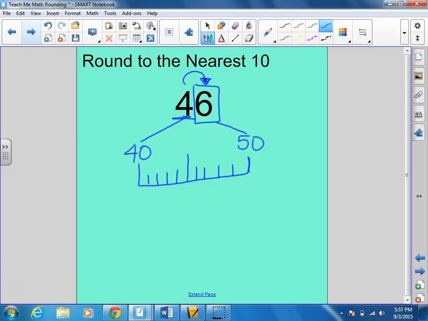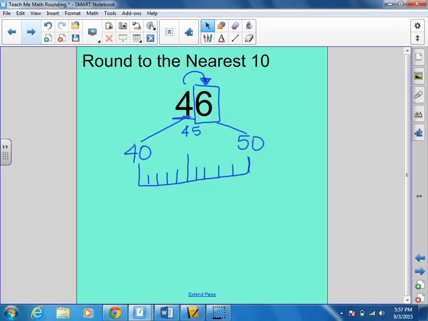Again, it always helps to have the students identify the midpoint, which would be 45. I then tell them any number that is greater than 45 rounds to 50. Any number that is less than 45 would round to 40.